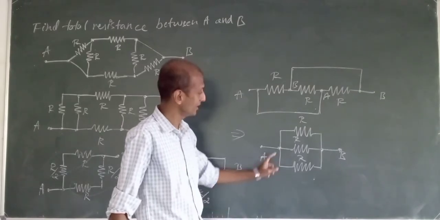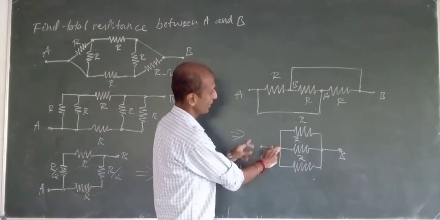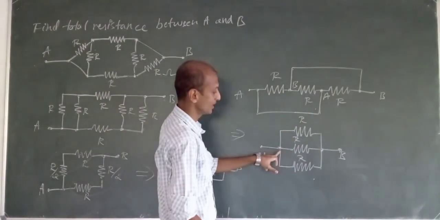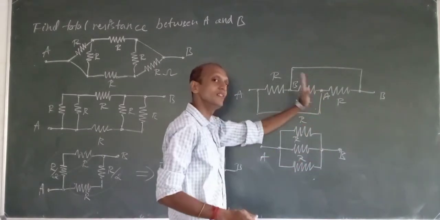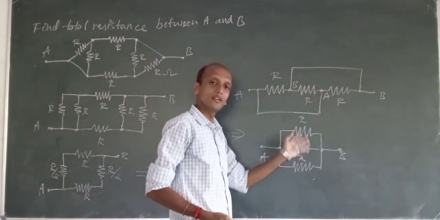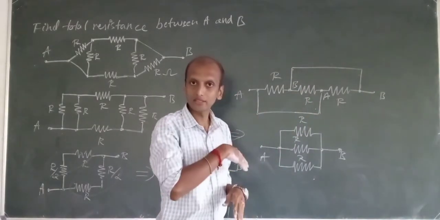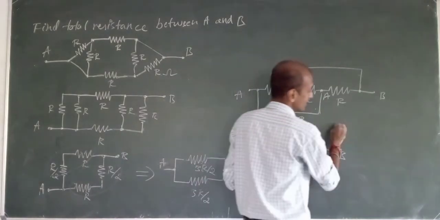Fine? Correct or not? Okay. So this is your resistance. One end is point A, another end is point B. This is another resistance. One end is point A, another end is point B. I have connected it in another manner. So if I go like this or the other way, the resistance is all the same.